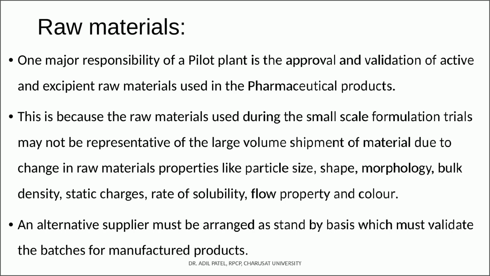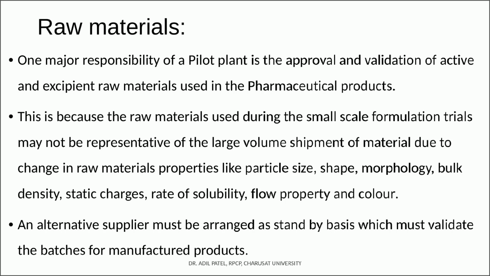This is because the raw materials used during the small scale formulation trials may not be representative of the large volume shipment of materials due to the change in raw material properties like particle size, shape, morphology, bulk density, static charges, rate of solubility, flow property, and color.